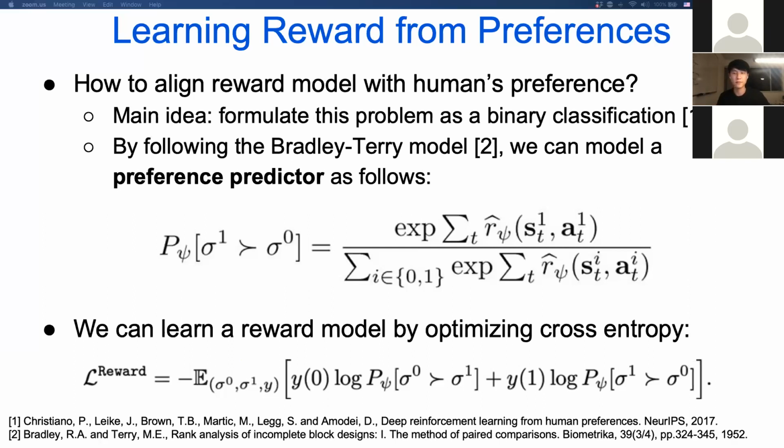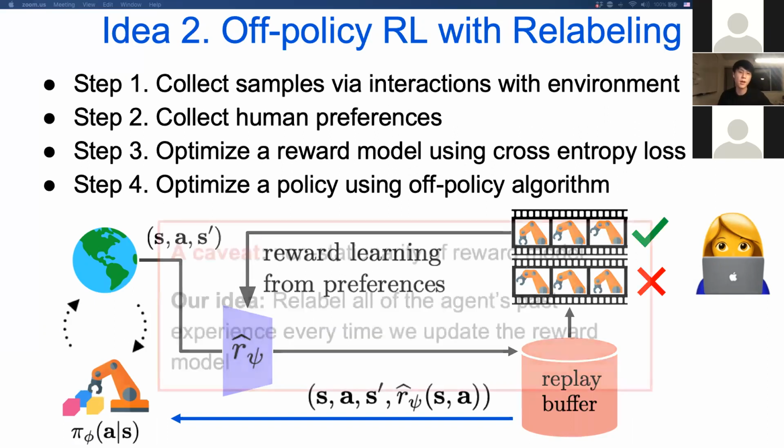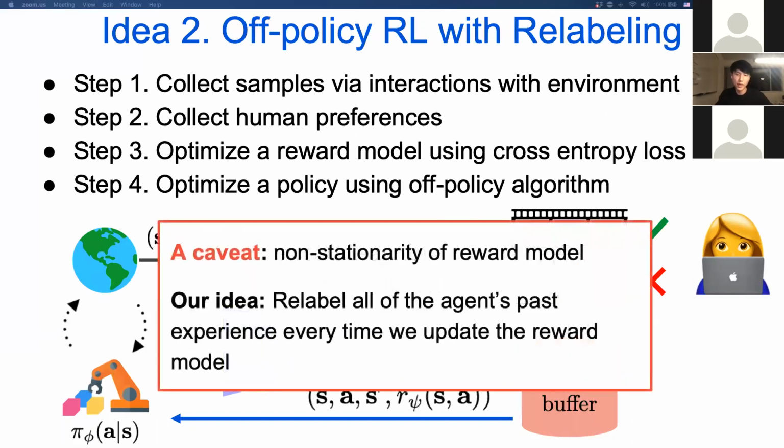Okay, and once we have a reward model, actually we can optimize the policy using an off-policy RL method like soft actor-critic. However, here one caveat is that the reward model is changing over training time. Because of that, training can be very unstable because the previous experiences are labeled with the previous reward model.